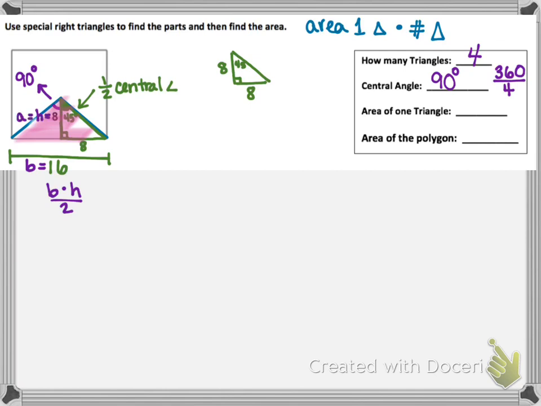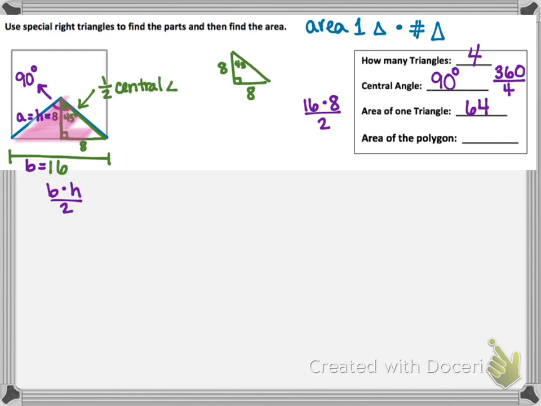I'll put an A equals H equals 8. There we go. So for the area of that triangle, we're going to take 16 times 8 and divide it by 2. And when we put that into our calculator, we are going to end up with 64.